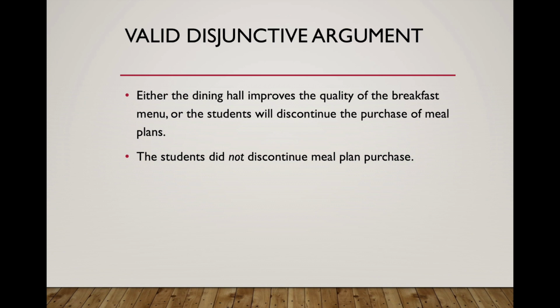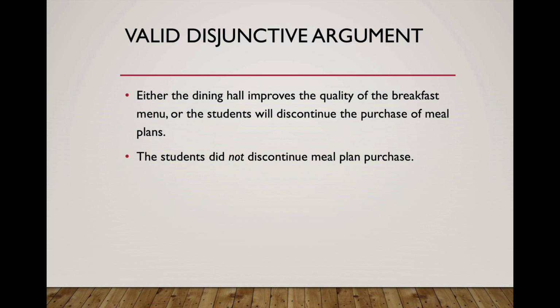So the second disjunct says students will discontinue the purchase of meal plans. And then we learn in the second premise, the students did not discontinue meal plan purchase. So that second premise denies the second disjunct. And this allows us to conclude then that the dining hall improved the quality of the breakfast menu. Why?